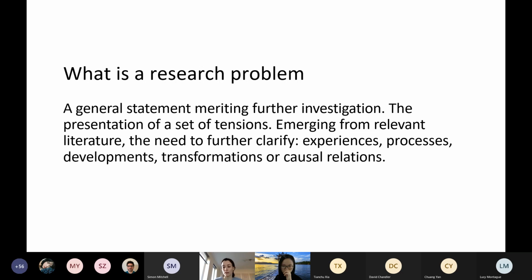You can find a controversial topic in newspapers, on social media. It could be something that you've observed yourself. The research problem expresses the need to further clarify experiences, processes, developments, transformations, or causal relations.